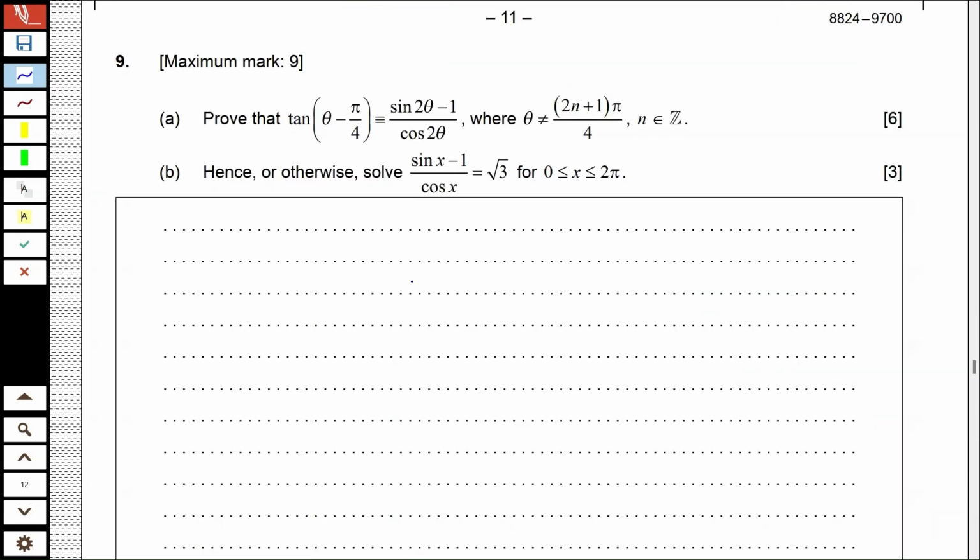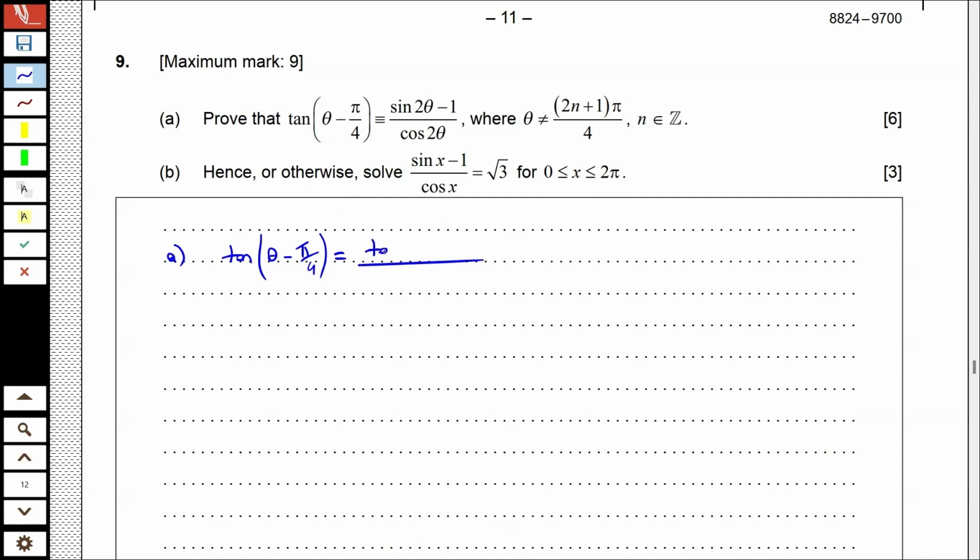Question 9, prove that tangent of (theta minus pi over 4) equals (sine 2 theta minus 1) over cosine 2 theta. We will remember, or check from the formula booklet, what tangent of (theta minus pi over 4) is.